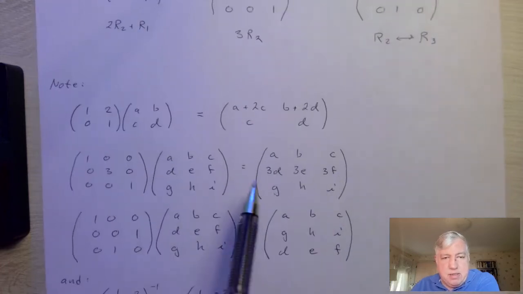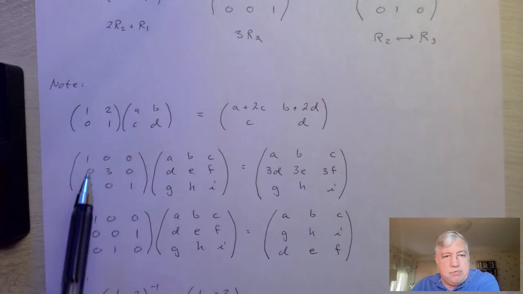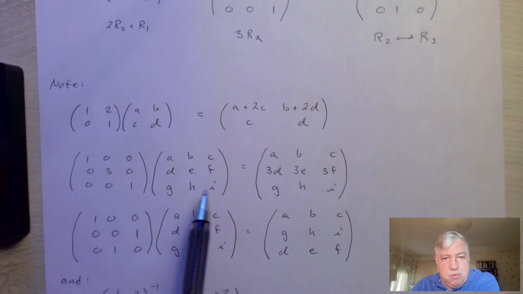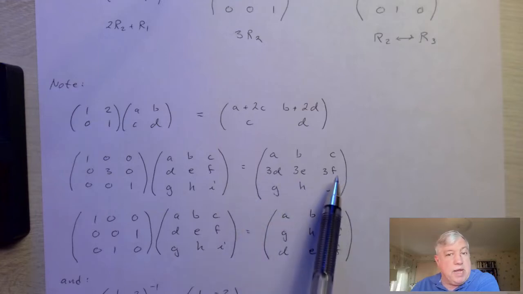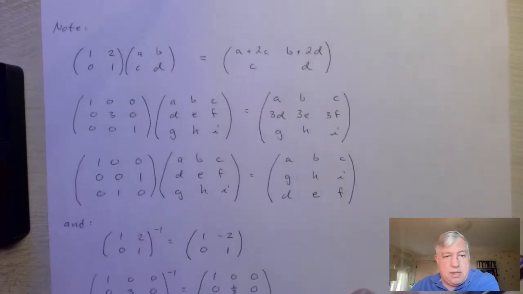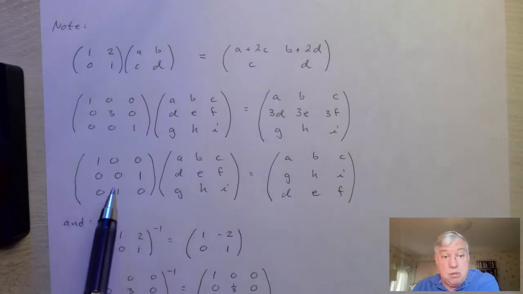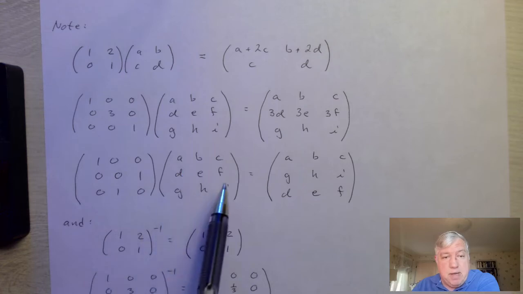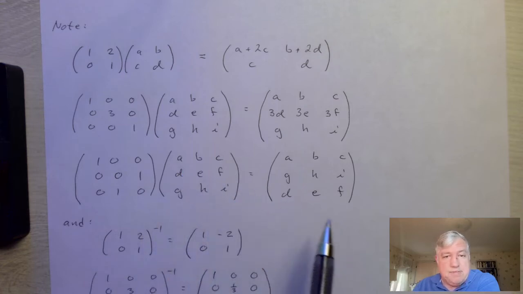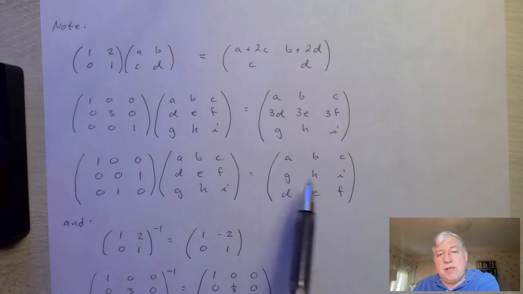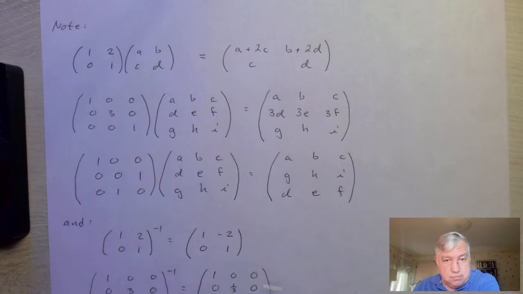If we take an arbitrary 3 by 3 matrix and multiply it by this elementary matrix on the left, we do the calculations, we see that it has the effect of multiplying the second row by 3. And if we take this third elementary matrix, multiply it by this arbitrary 3 by 3 matrix, we can see that this has the effect of interchanging rows 2 and 3, just like we did over here.